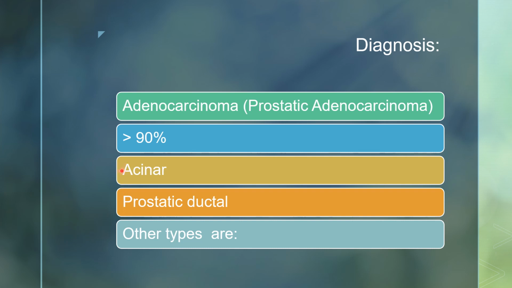Remember, before now I've been telling you it is neither here nor there. You will get one of the many reasons why it is so right now. And the acinar subtype of adenocarcinoma of the prostate is the commonest of all prostate cancers. It means it is commoner than prostatic ductal adenocarcinoma of the prostate.